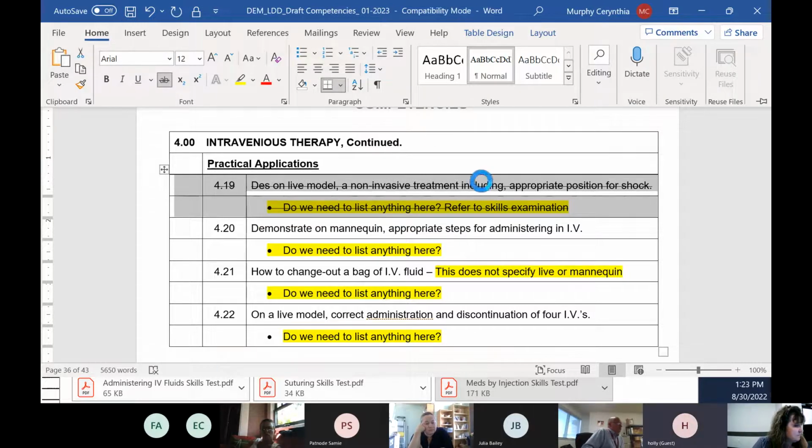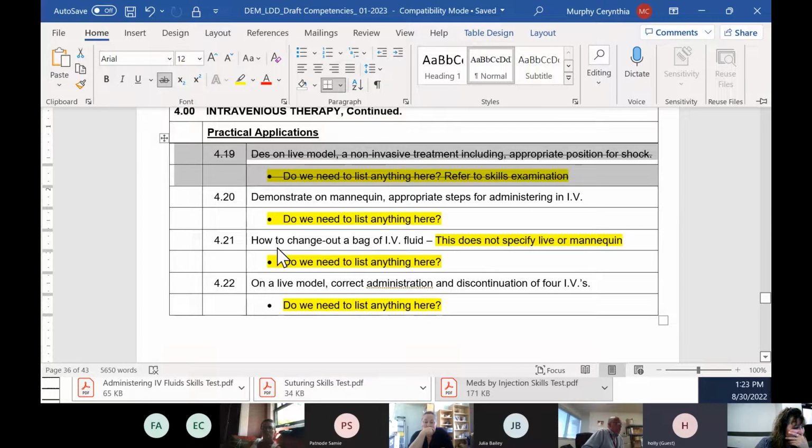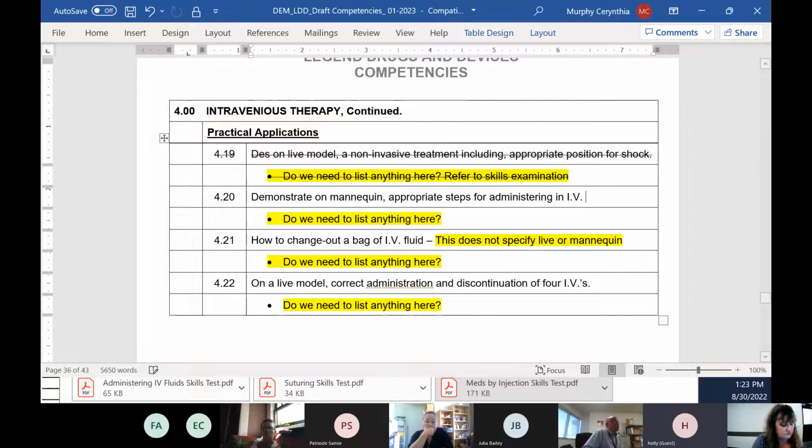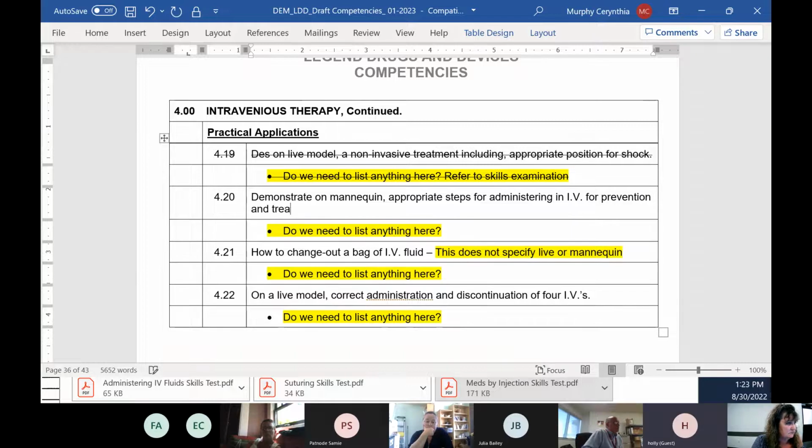But demonstrate on a mannequin appropriate steps for administering an IV, yes. And I would say IV for prevention and treatment of shock, because they also need to show us the different site and the different technique, including a lock for the prophylaxis.